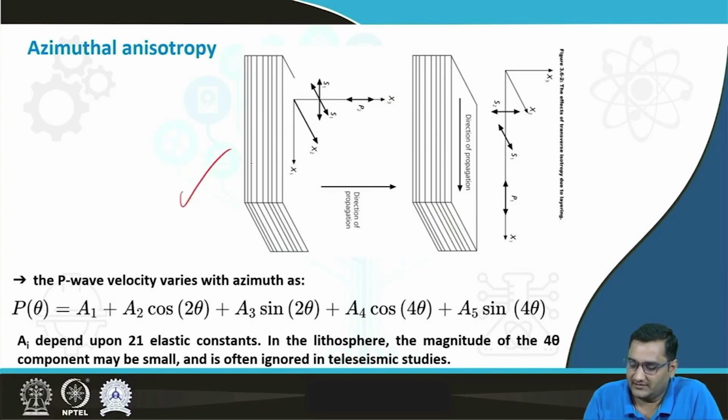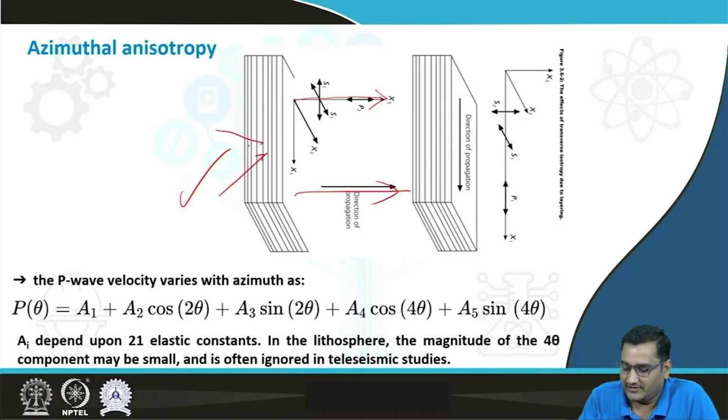You can see this stack of layers extending vertically, and then the x3 direction becomes horizontal, and this is the direction of propagation. As you go in this direction or this direction or this direction, the ray is going to experience different velocities. So that is why it is known as azimuthal anisotropy.